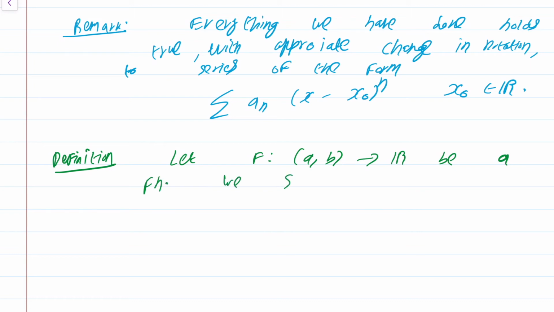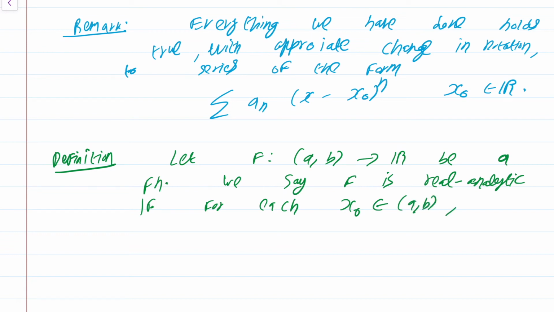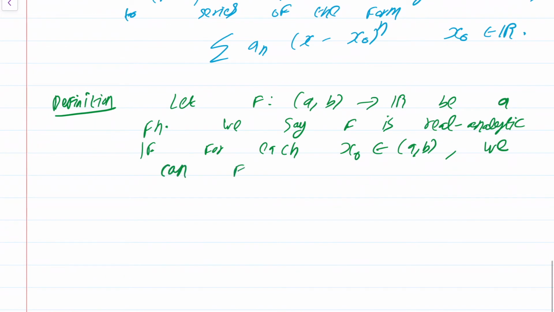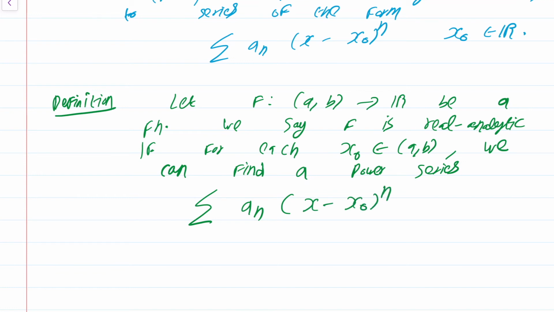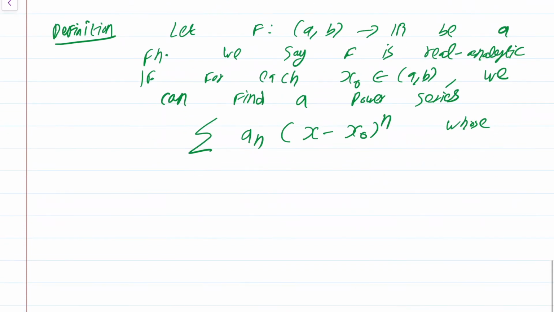We say f is real analytic if for each x_0 in (a, b) we can find a power series summation a_n (x minus x_0)^n whose radius of convergence, of course what I mean by radius of convergence here has to be appropriately changed to take into account that the center is no longer at 0, but that's a trivial change, whose radius of convergence r is greater than 0.